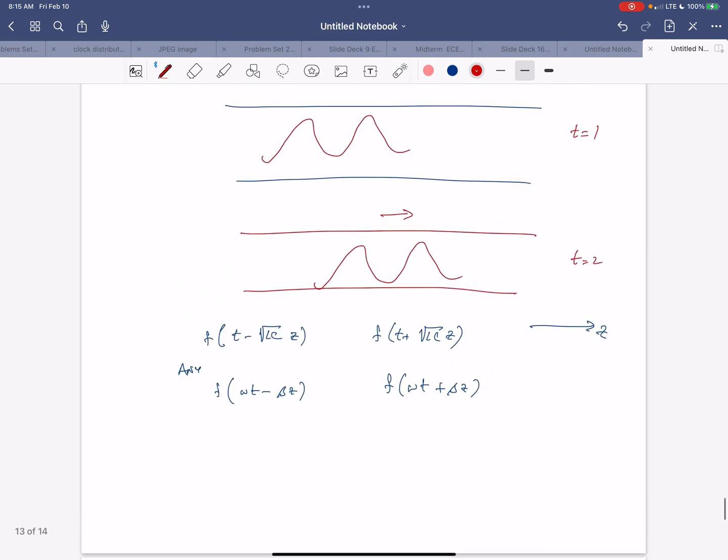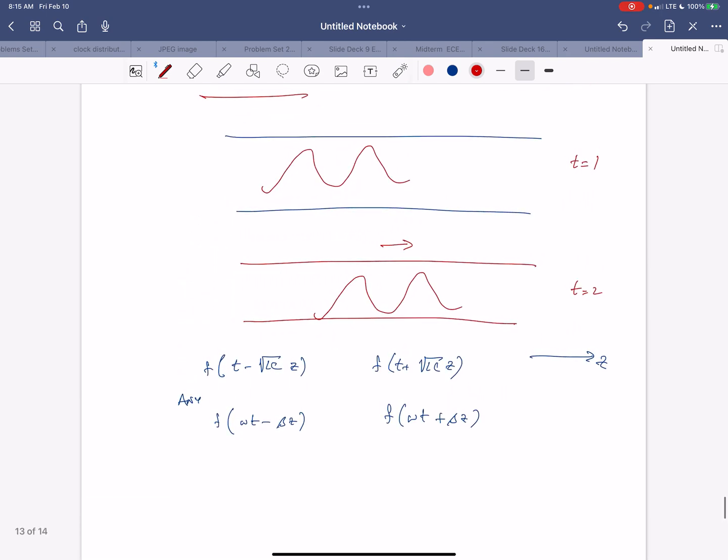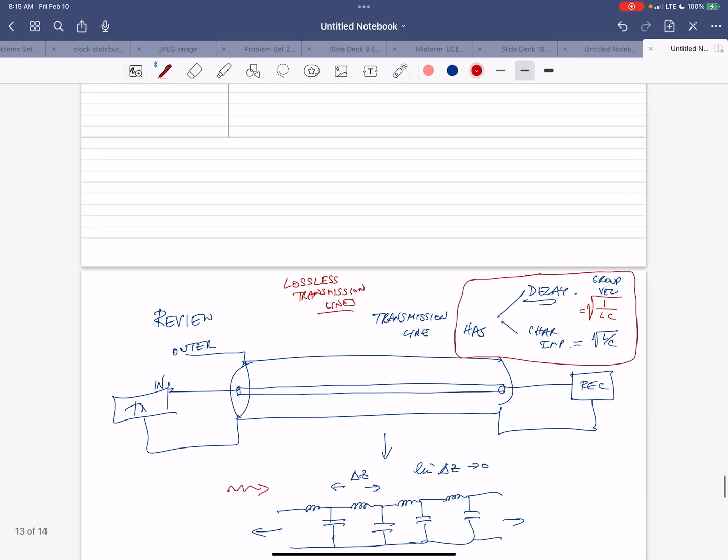They just know what the L and the C are for their particular process. So this equation is very common, but what's different from design to design, or from manufacturer to manufacturer, and maybe even from layer to layer of your printed circuit board, is the particular values of L and C.